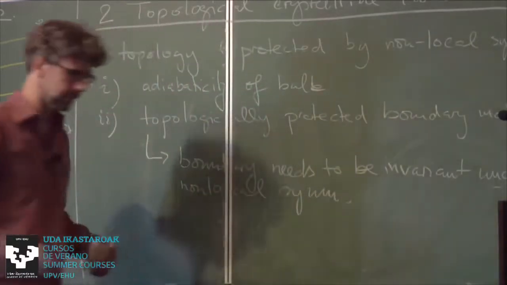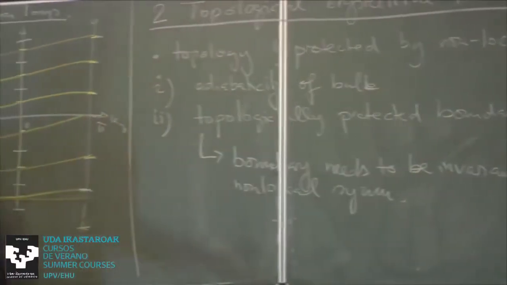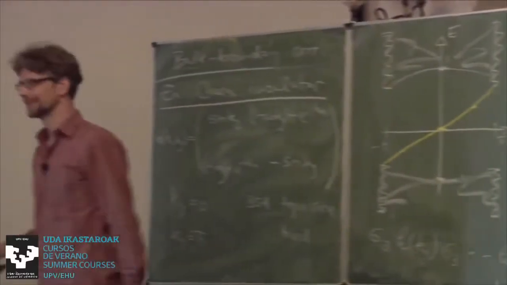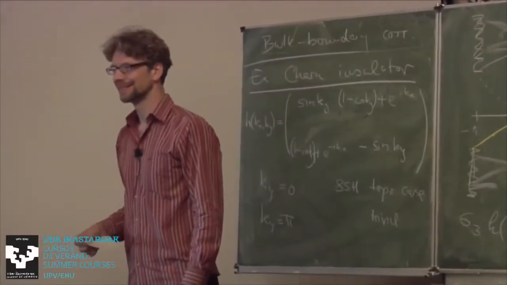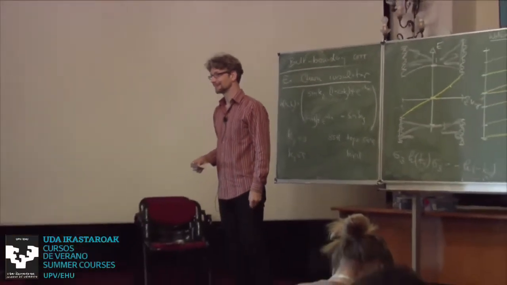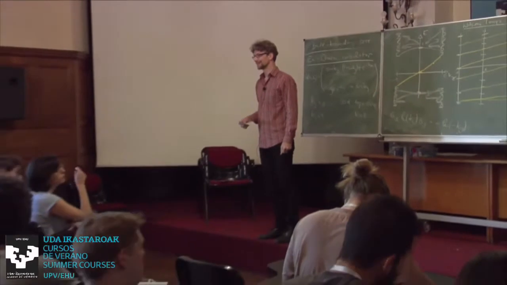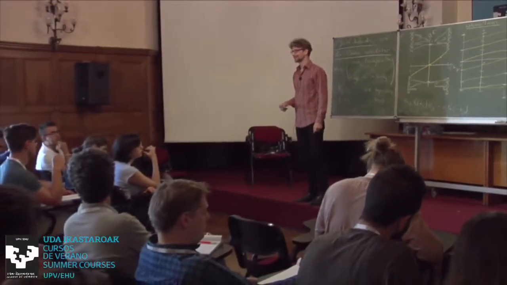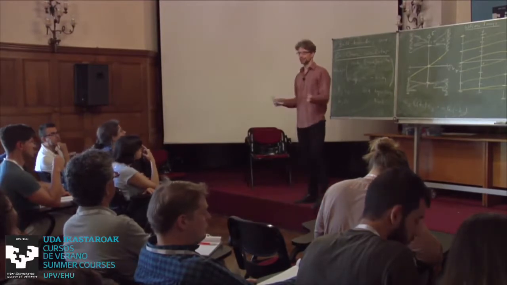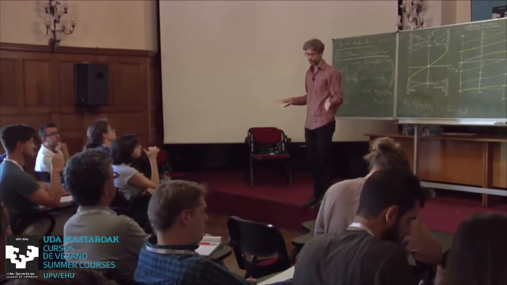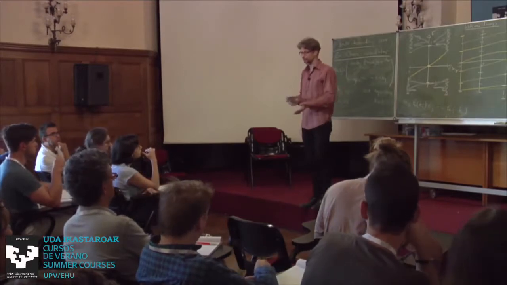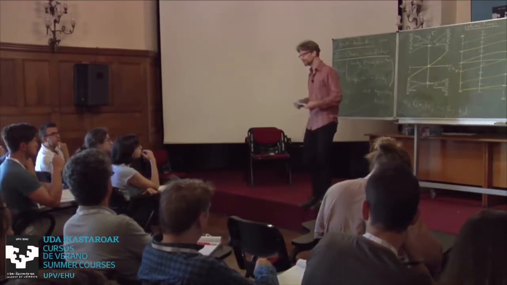So in a one-dimensional system, can the boundary be invariant under a non-local symmetry? Okay. I usually learned that SPT is just the basis of the topological edge mode. So you're saying that it's actually not the same. It's not the same. If you think again about one-dimensional systems, inversion symmetry protects, you've probably heard about the Haldane phase.